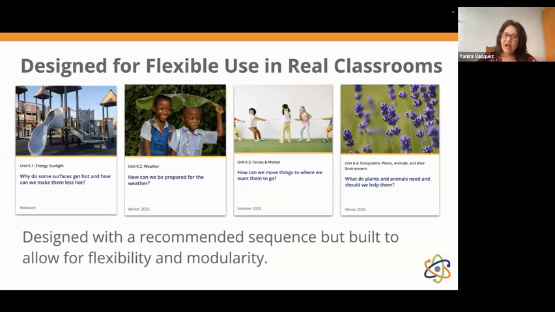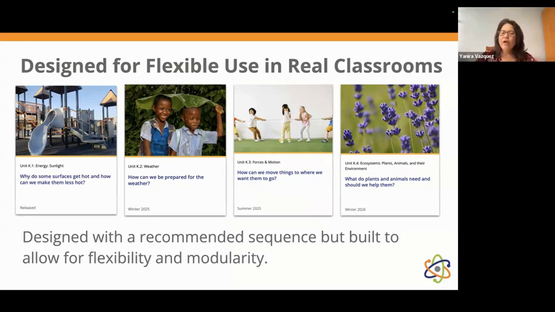First thing, our units are designed for flexible use in real classrooms. For our kindergarten program, we have 4 units that will encompass the whole year. Today we are talking about K.1.